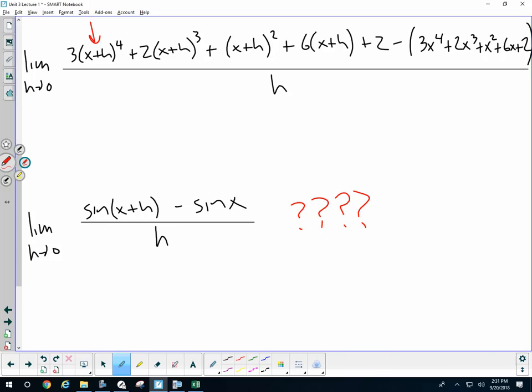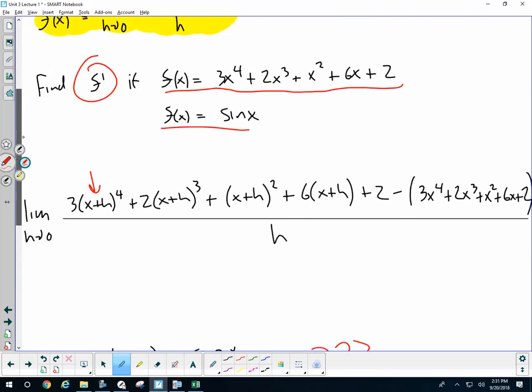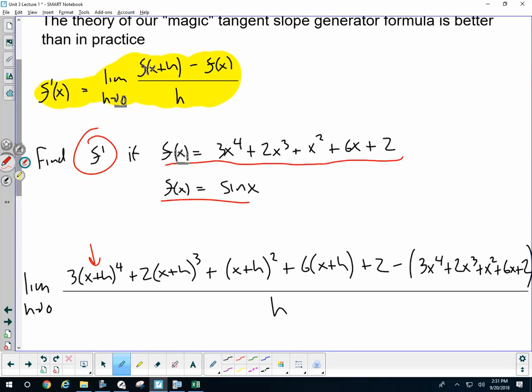Okay? So it turns out that this magic formula, which is very magical, is actually not very practical to use on a case-by-case basis. But it is very magical. Because what we can do with this, and what mathematicians did, is they used this formula right here to generate rules. So they said, oh, if I plug in a polynomial function, some like x to the n, what would happen? Okay?